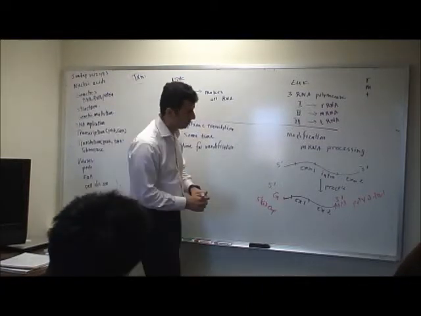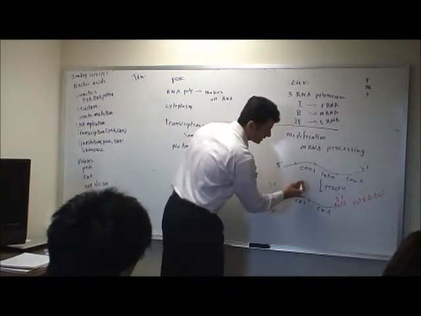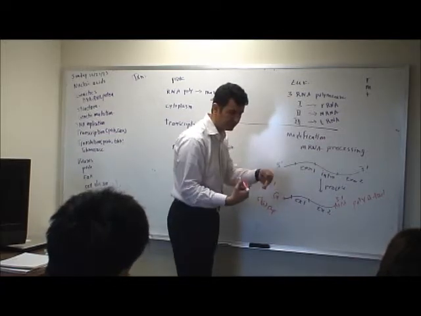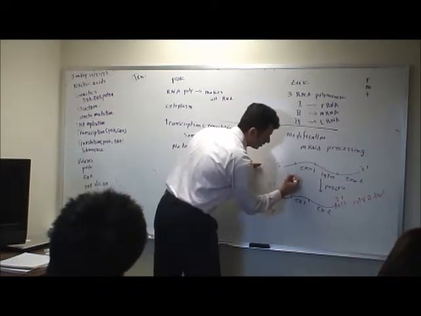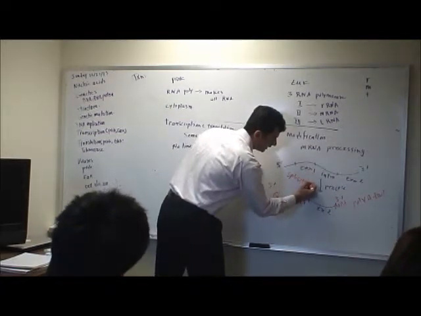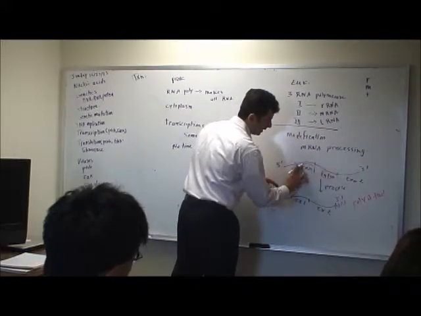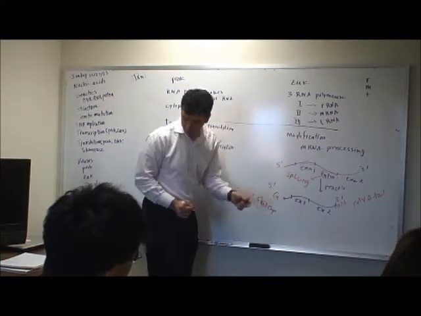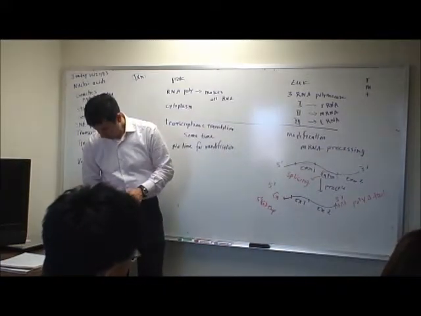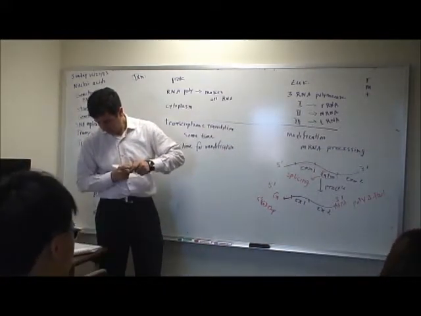Sometimes this process, which I keep referring to as processing, is called splicing. Splicing, as Vivian said, means taking the introns out and keeping the exons. The 5' cap adds a guanine to the 5' end.